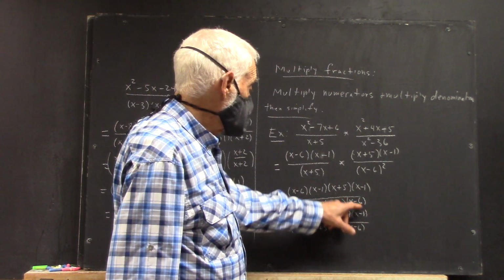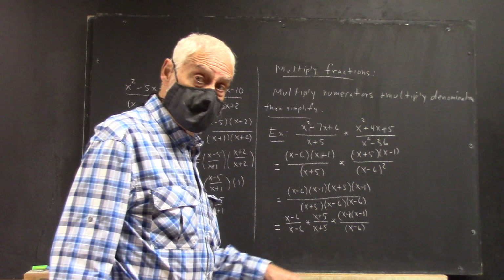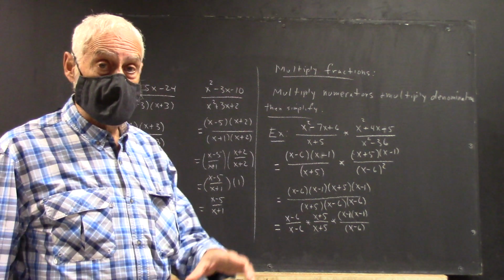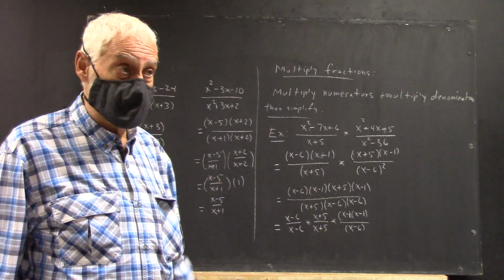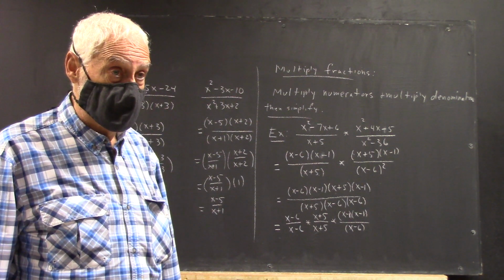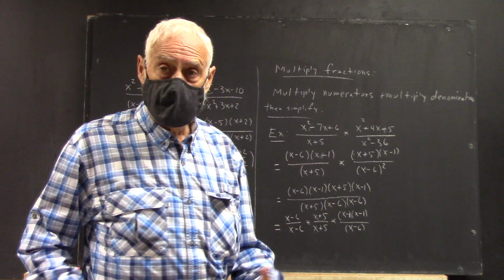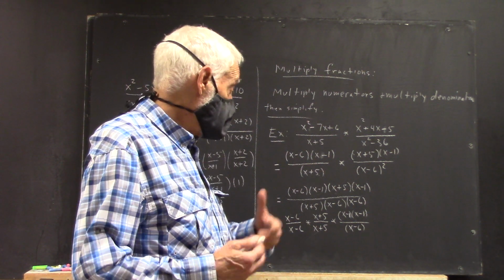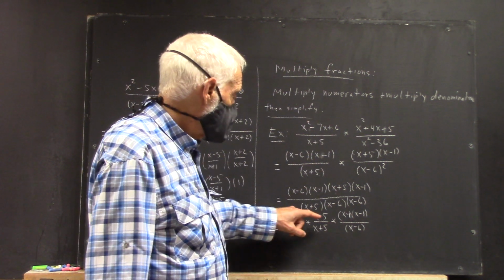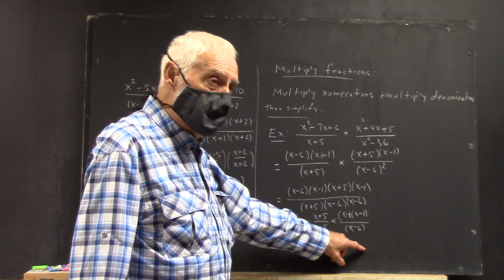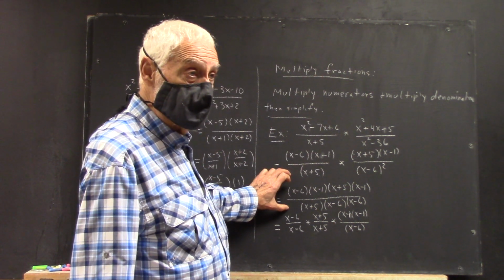So every one of these terms appears in the denominator. Now that's extremely important. You gotta check and make sure that's the case. Okay, you don't just write down anything, you write down what's gonna work. And you know it works if, when you multiply it all back out, it gives you what you started with.